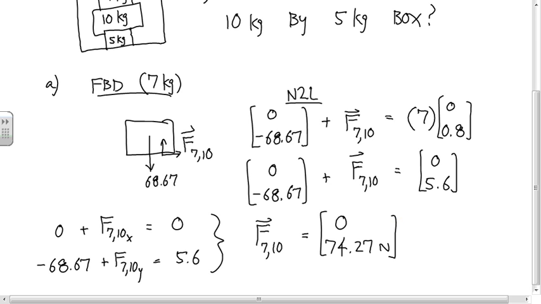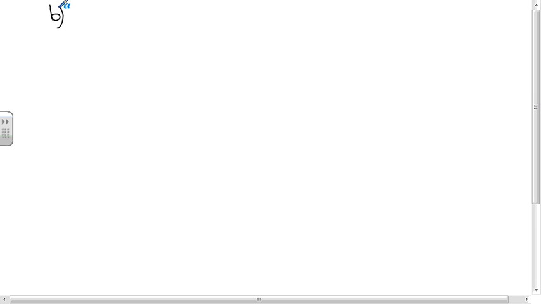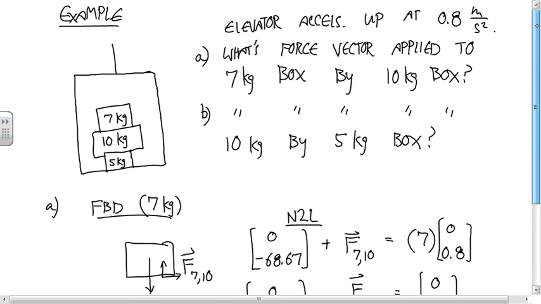Okay, so now part B. We're trying to calculate the force vector on the 10 by the 5. And so if we're trying to calculate a force on the 10, your first thought is we want to isolate the 10 kilogram box.